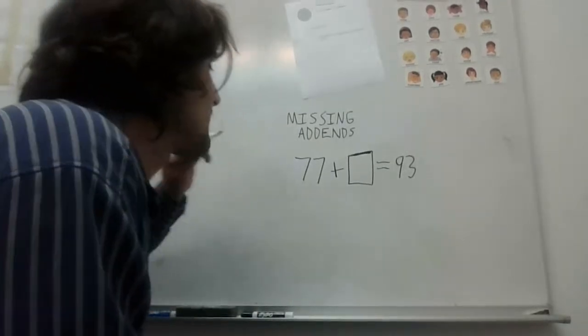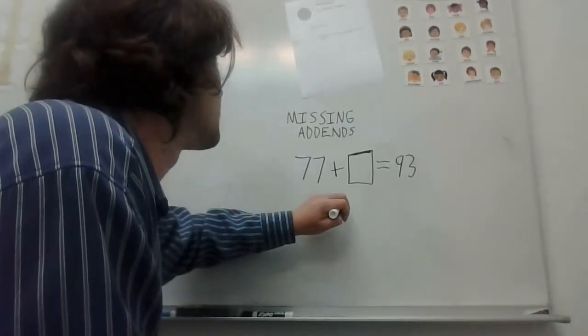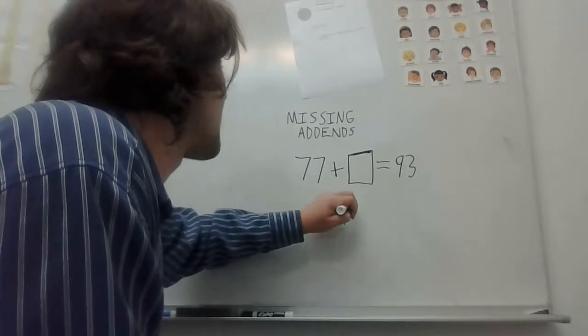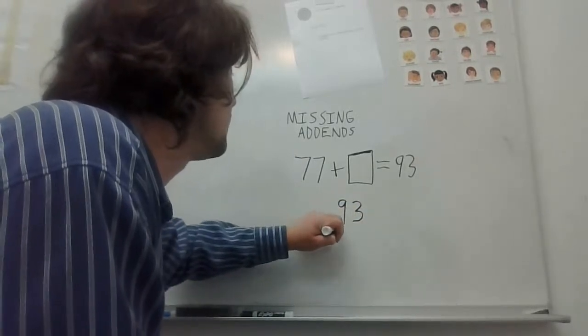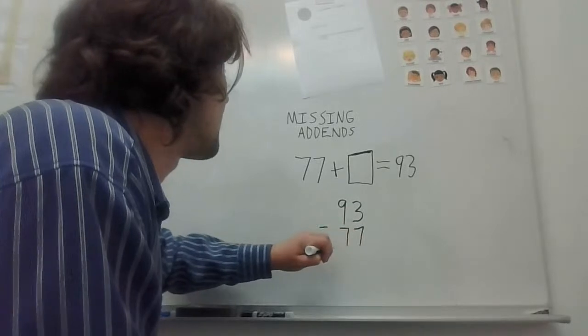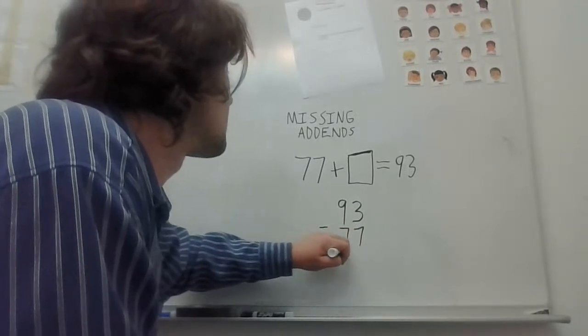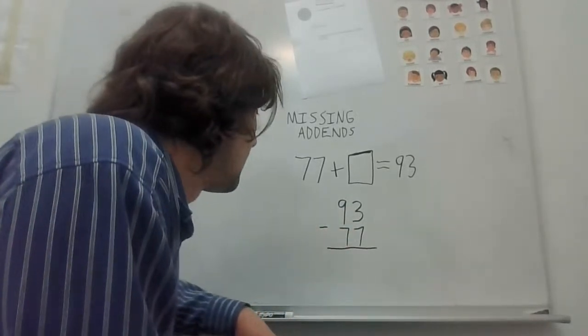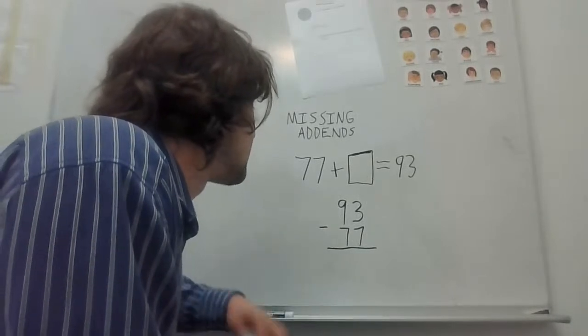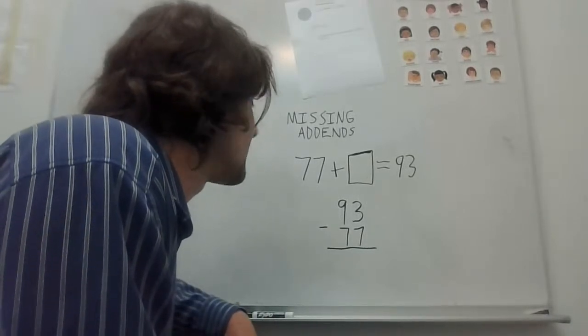The chat got it correct. Now, for those of you watching this video 3 days later that didn't watch it in the actual chat, I'm going to write it down for all of you. 93 minus 77. And we have to solve. Chat, tell me what the answer is.